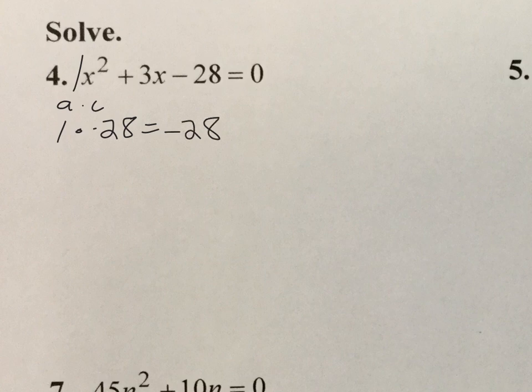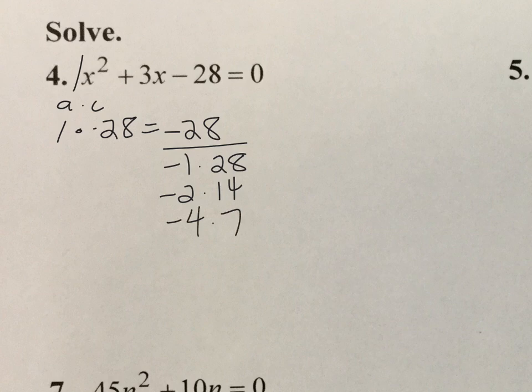Well, I need to know which factors are going to give me negative 28. What can I multiply together to get that value? So what I have is negative 1 times positive 28, negative 2 times 14, negative 4 times 7, and then the reverse: positive 1 times negative 28, 2 times negative 14, and 4 times negative 7.